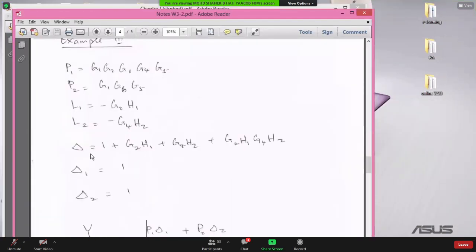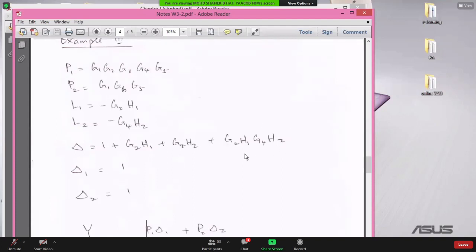Two loops. Now delta is 1 minus the summation of all loop gain, minus minus you get plus the summation of product of two non-touching loop. Since L1, L2 do not touch each other, so we need to have a product of two non-touching loop.